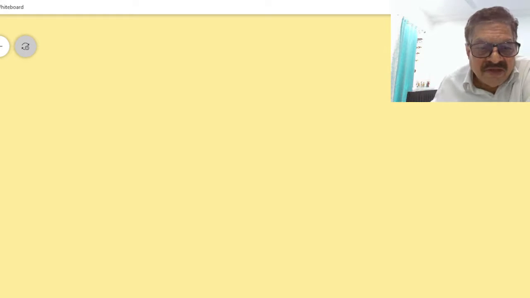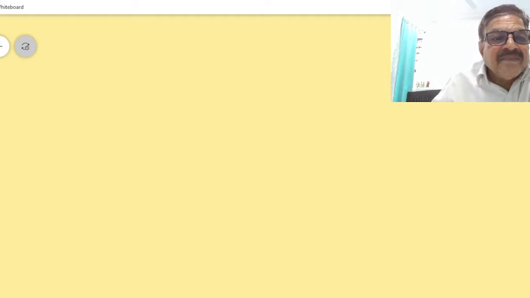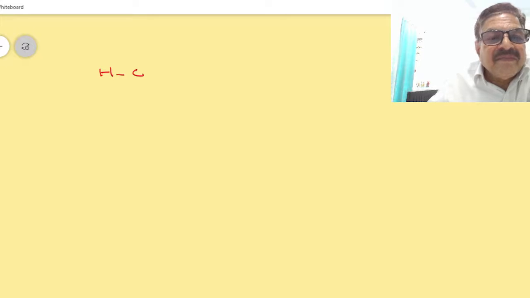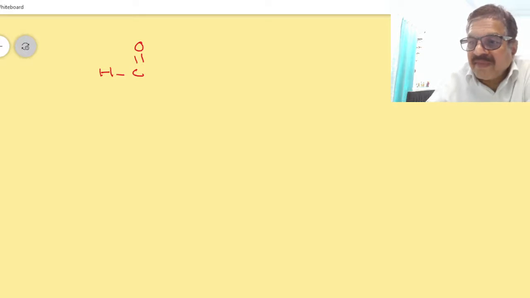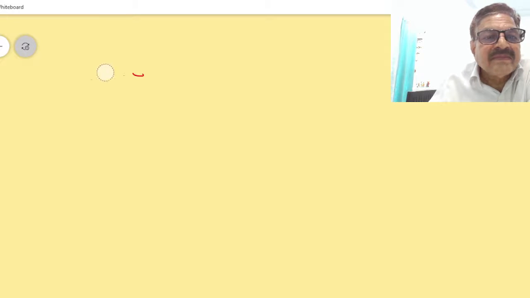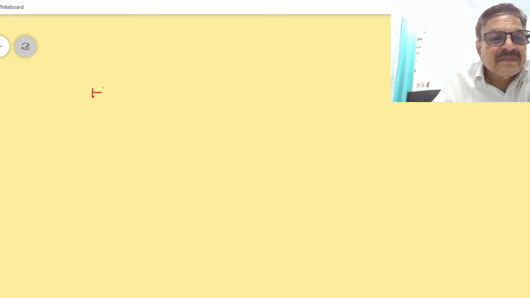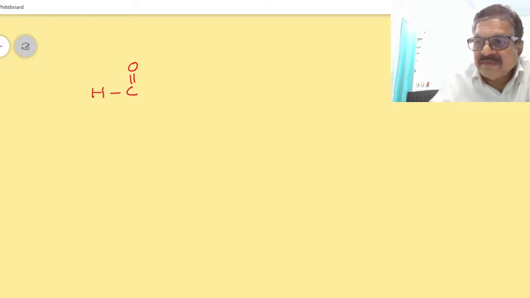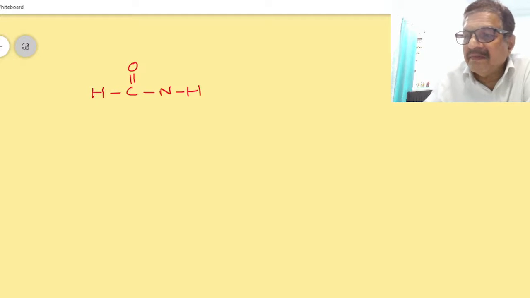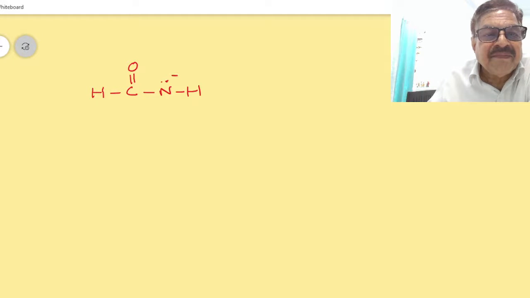Okay, these two anions we have drawn here in the beginning, that is HCO. This is the anion we have started with. Correct.